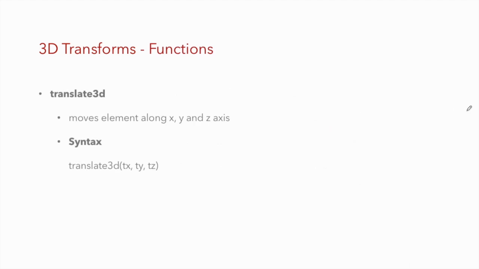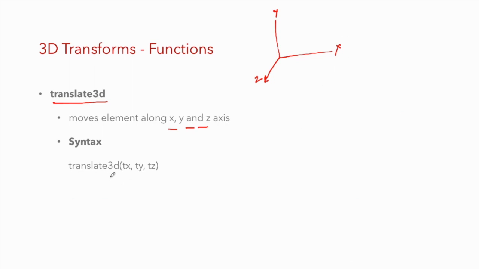So let us see the transformation functions. We'll start with translate3d. In the original 2D transformation, we had the translate function. Here we have translate3d. It moves your element along the X, Y, and Z axis. We know this is our axes, and this is a new axis that is being added for the 3D effect, that is the Z axis, and these are your original X and Y axes.